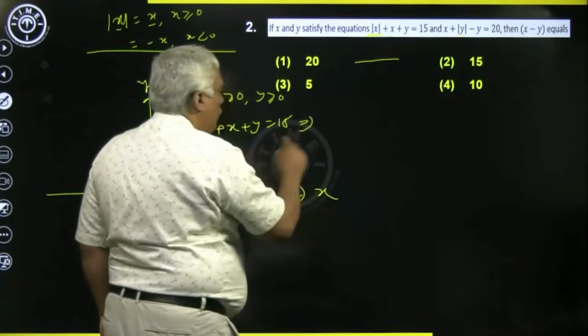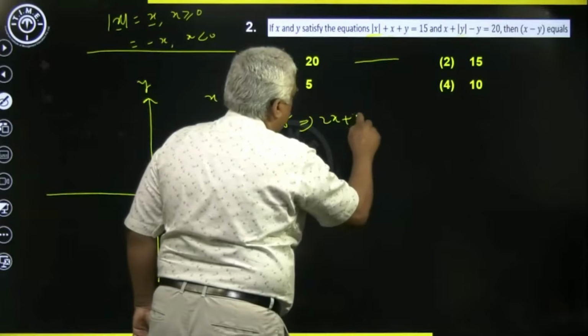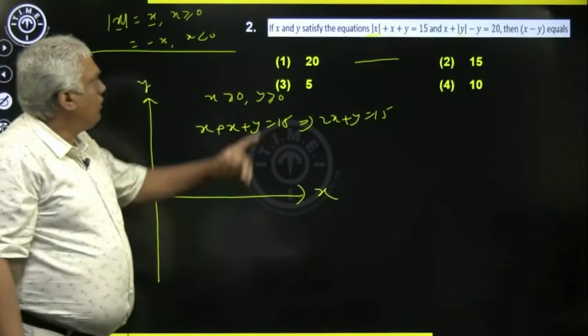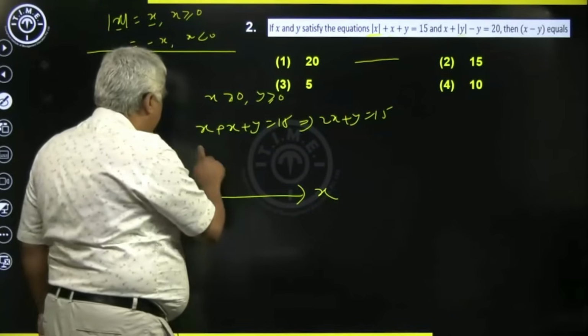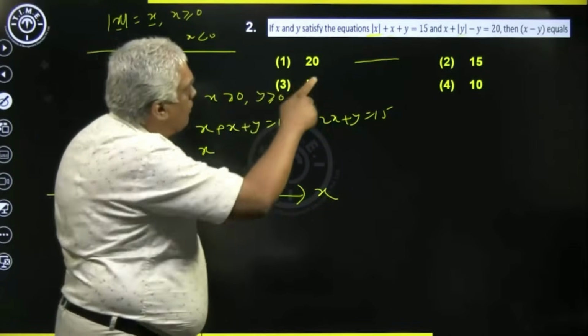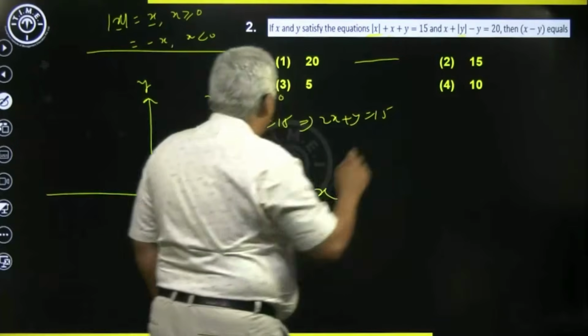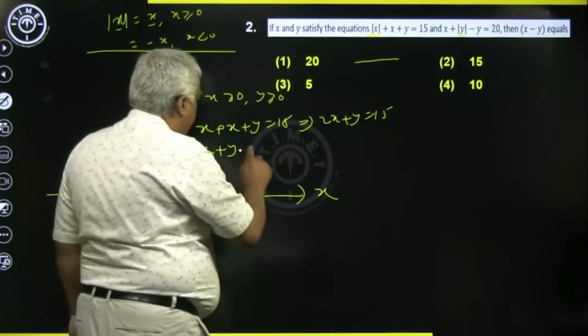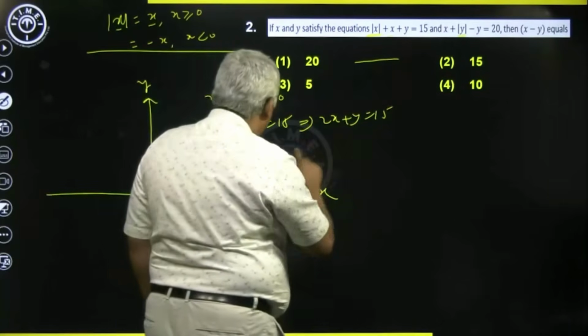That means we got 2x + y = 15. Now, let's see the second one: x + |y|, y is positive, so it will become y, and minus y is equal to 20.